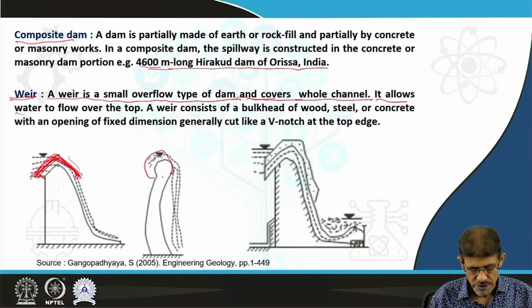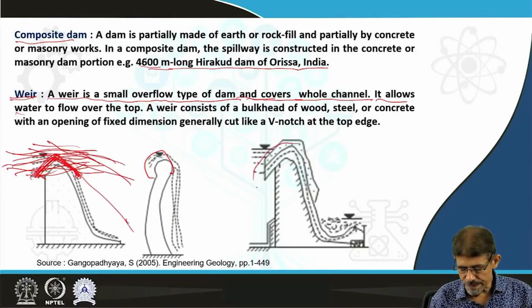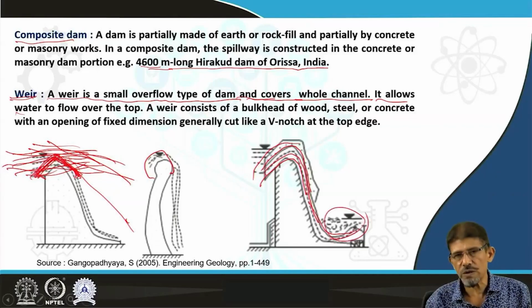You can see this head. Water is allowed to flow from this head. Sometimes we also make an interior design. Here water enters on this side and goes toward the downside.